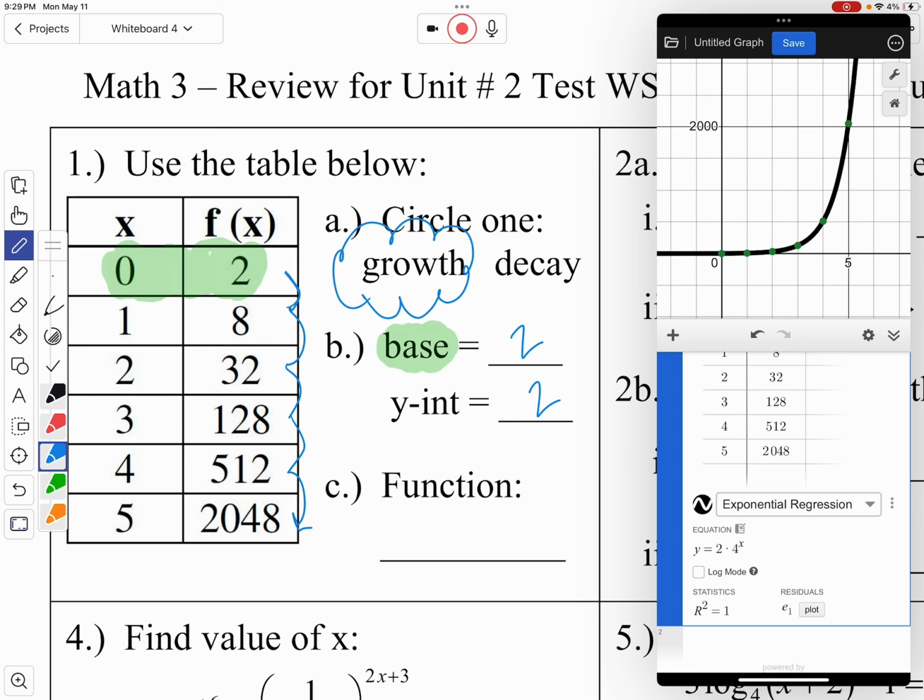If we look at exponential, this one lines up perfectly, and your function is given to you right here at the bottom of Desmos. Make this a little bit bigger. Right there in Desmos is your equation, and so my function is y is equal to 2 times 4^x.